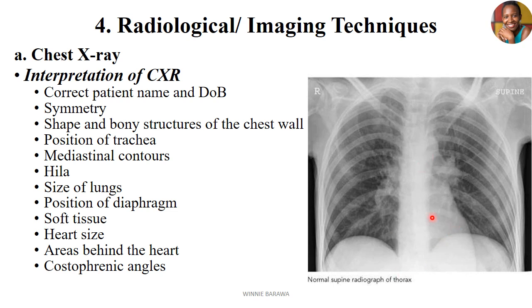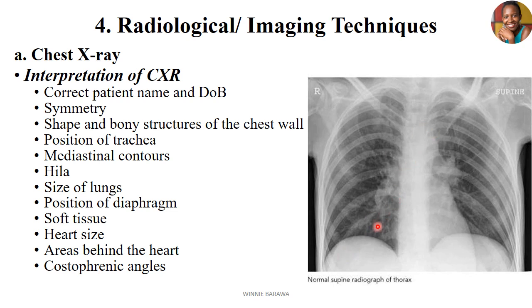Is it properly positioned? Check any soft tissues, like the lung walls. Do they have any infiltrate that could be affecting the appearance? The heart size: is it enlarged? Is it within its normal demarcations? All these are important. Areas behind the heart and costophrenic angles are very key parts that you want to evaluate on the chest X-ray.